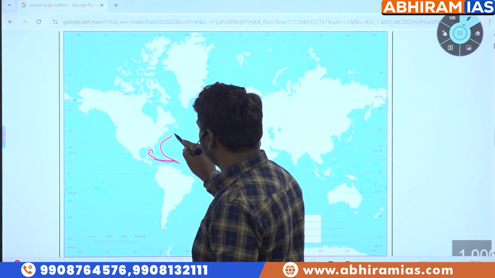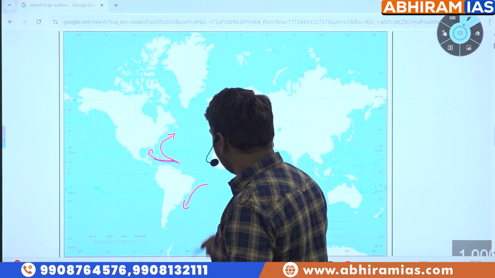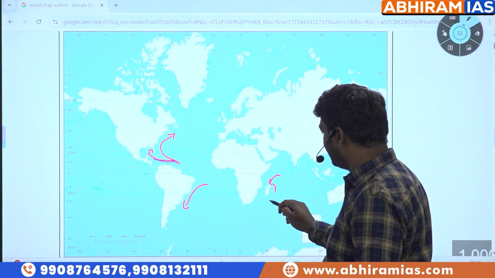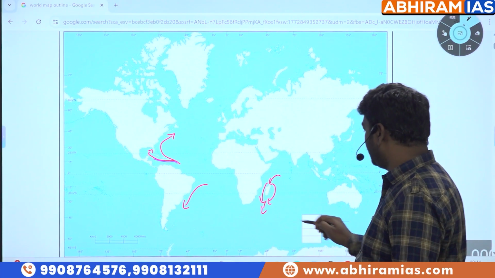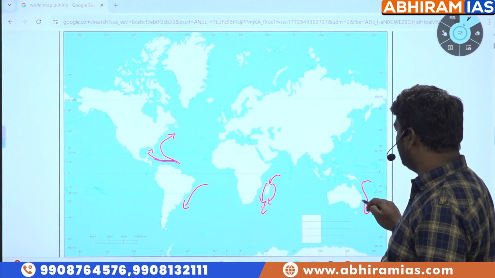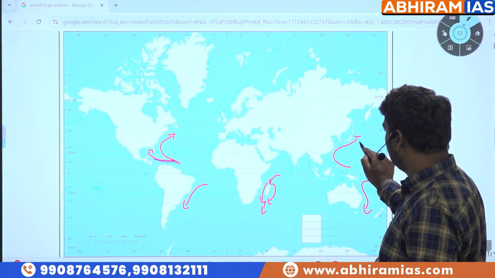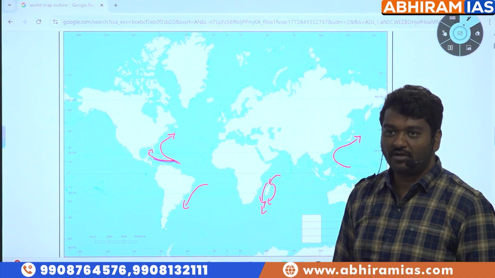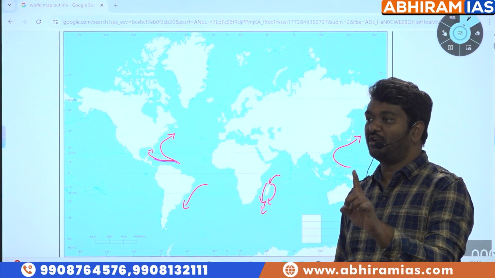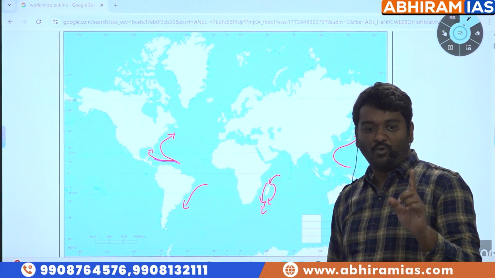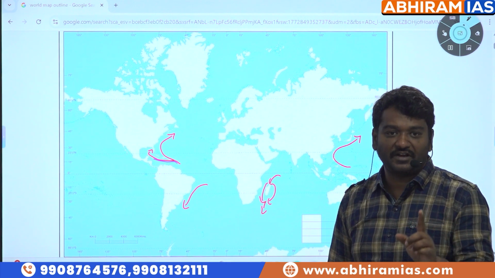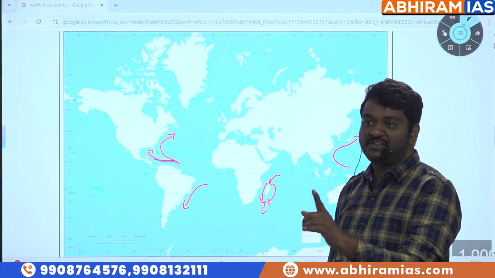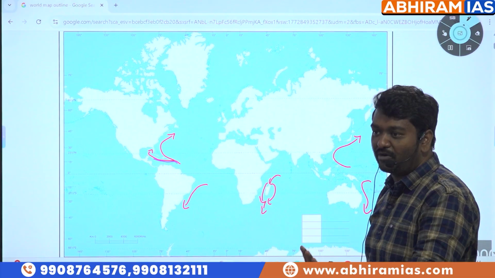Caribbean current, Gulf Stream, Brazilian current, Madagascar current, East Australian current. Which water is there on the eastern side? Warm water. Warm water means more water vapor, more water vapor means more rainfall. Eastern sides of the continents receive more rainfall.